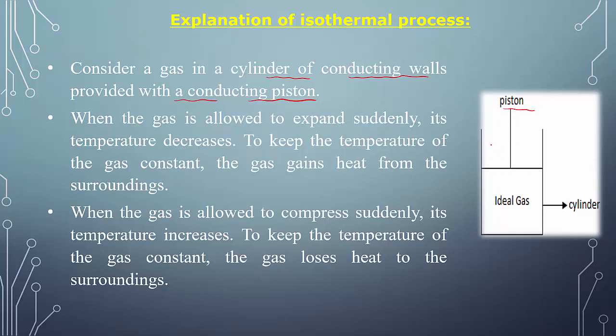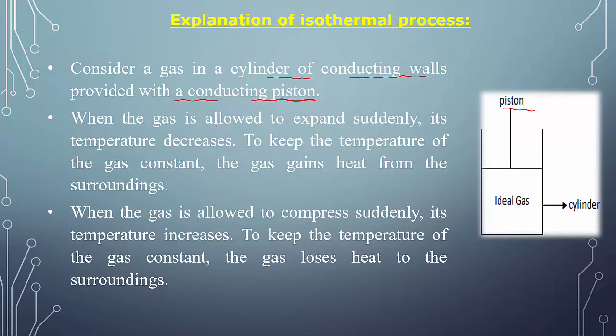The walls of this cylinder as well as the piston both are made of conducting material, or we can call it a diathermic wall or conducting walls. So when it is made of conducting wall, then exchange of heat energy takes place between system and surrounding. So we are using conducting wall.